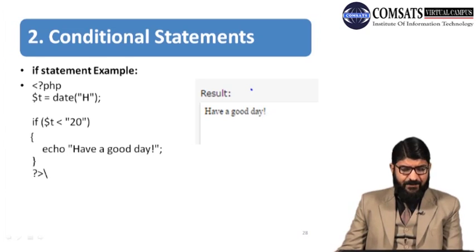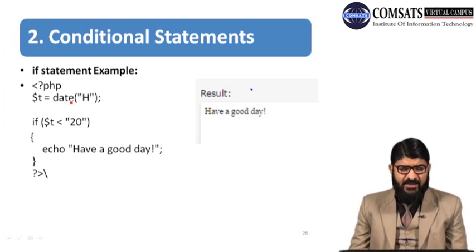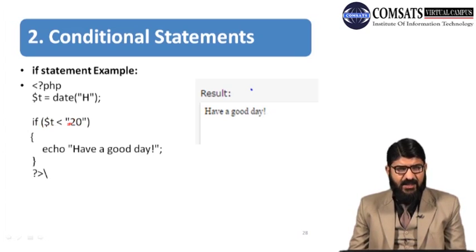Here you can see that the PHP start tag is mentioned, and then a variable t is mentioned with the date type h given. So if the variable is less than or equal to 20, the string value is matched.